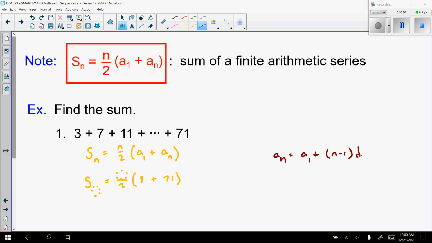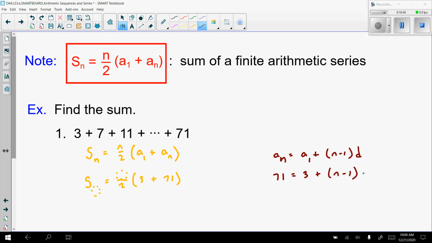So let's fill in what we know, and let's hope we're able to get that value of n. So a sub n represents the last term of the series, and we know that is 71. A sub 1 represents the first term. Well, that's 3. Plus, we do not know how many terms, and n represents the number of terms. And that's what we're trying to find.